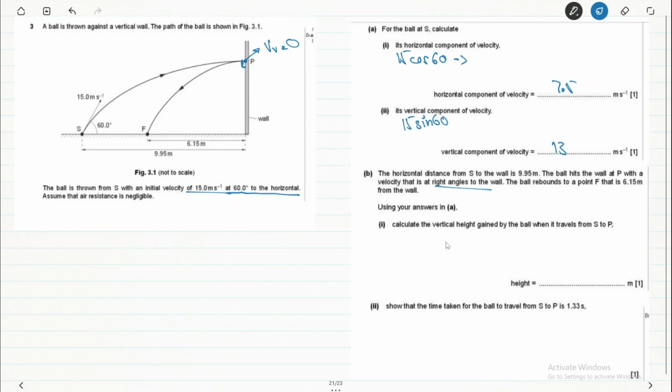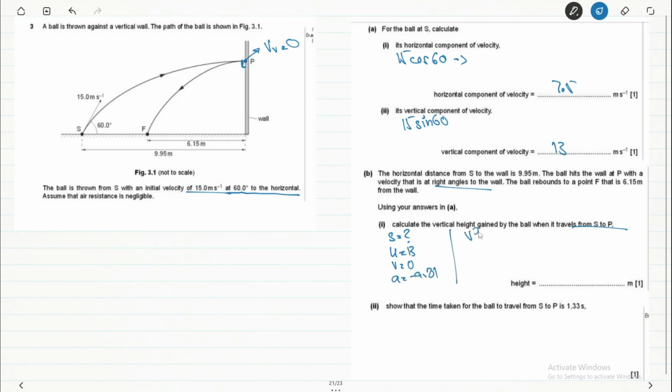Using your answer in A, calculate the vertical height gained by the ball when it travels from S to P. The vertical component is fully used up by the acceleration, and it is 0 now. So s is the unknown vertical height, because we're just taking the vertical component right now. The initial velocity was the vertical component, 13, the final velocity was 0, and the acceleration was negative 9.81.